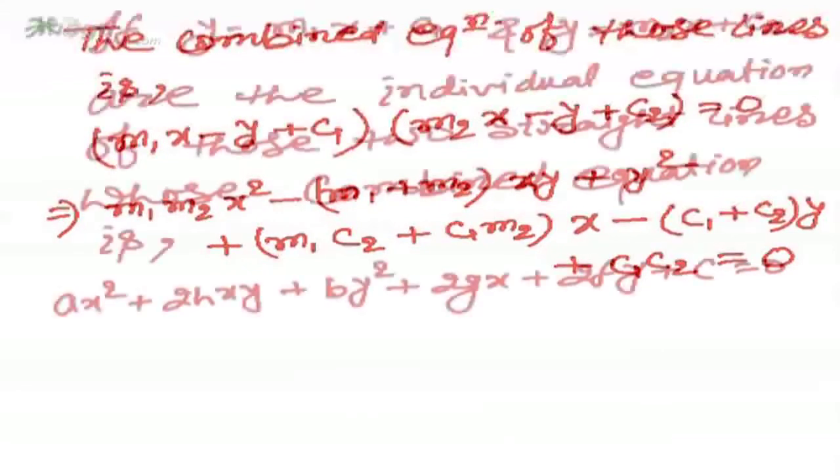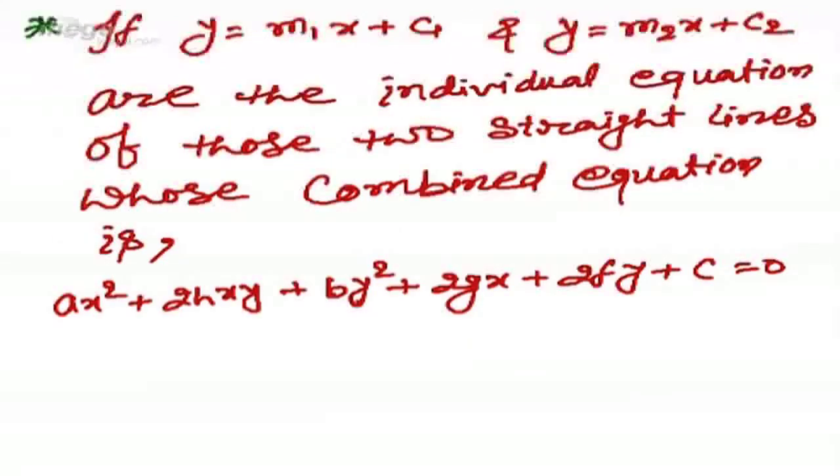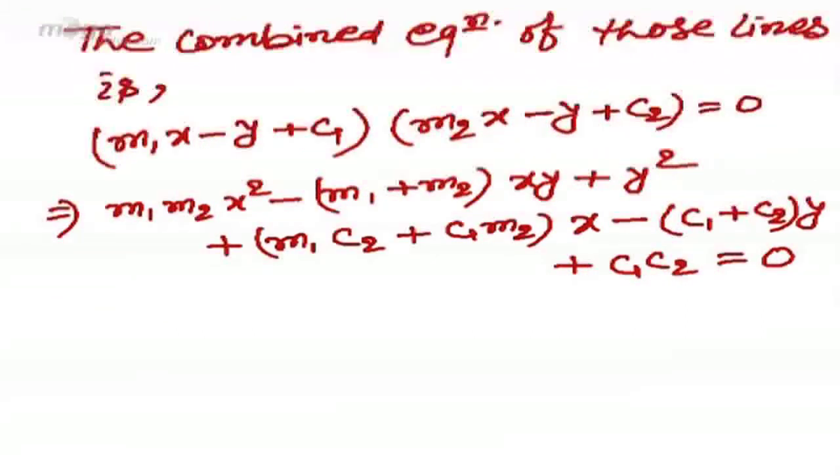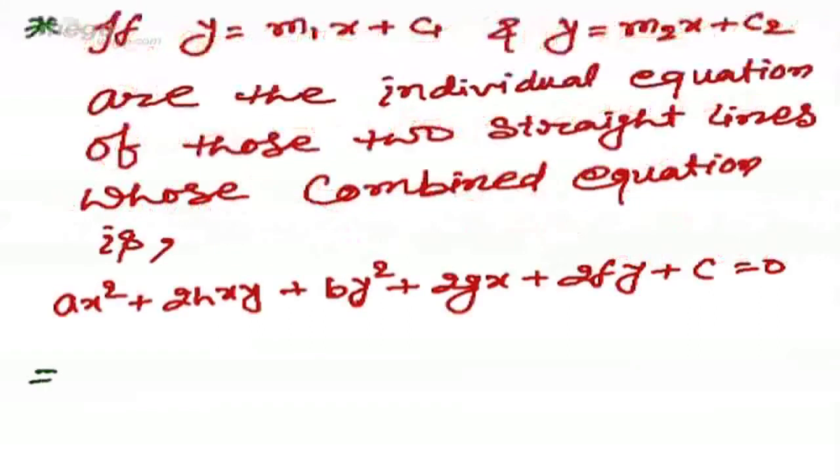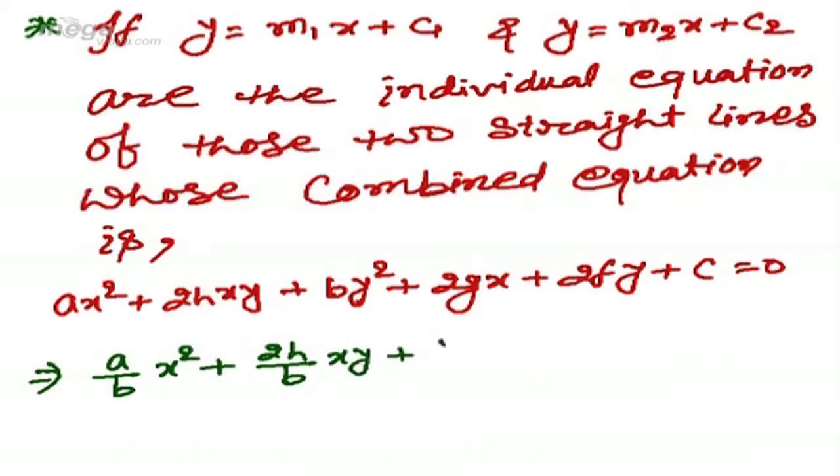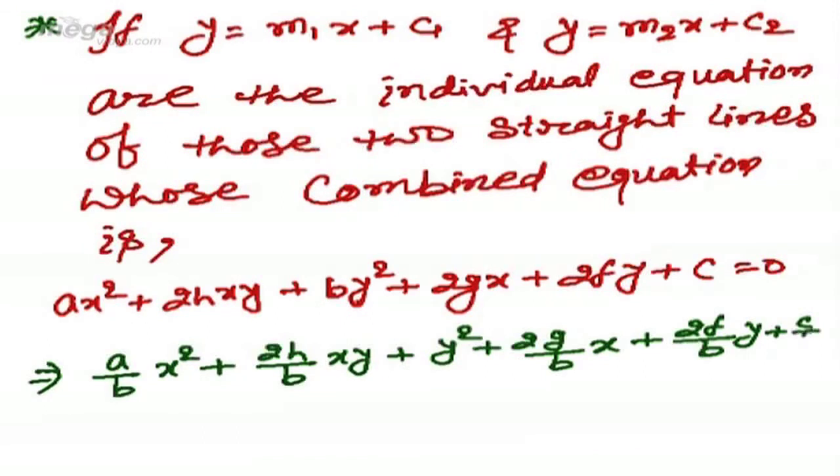Now here, students, the coefficient of y square is b, and here the coefficient of y square is 1. To compare, so that the coefficient of y square is equal to 1, you will get a by b x square plus 2h by b xy plus y square plus 2g by b x plus 2f by b y plus c by b is equal to 0.